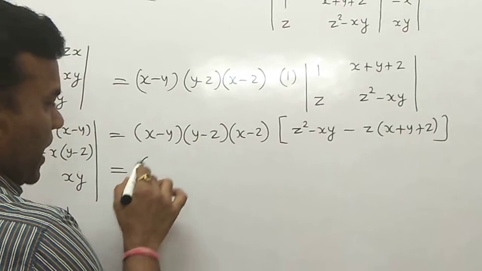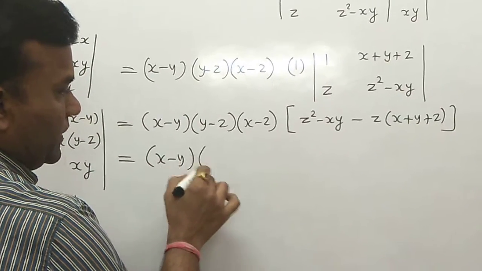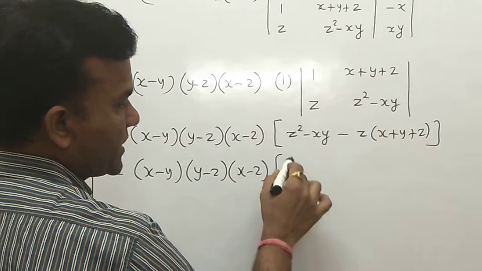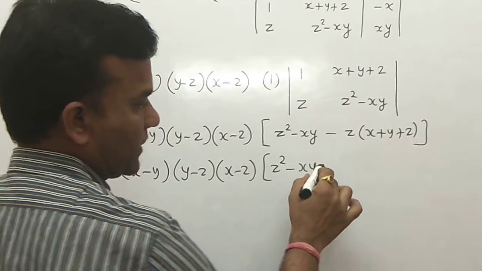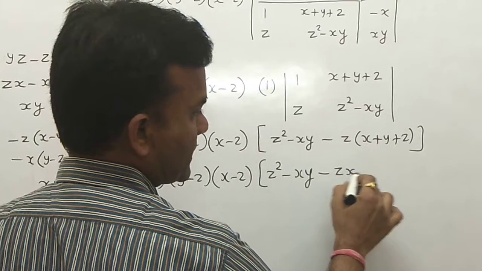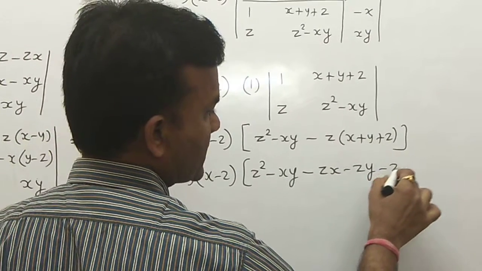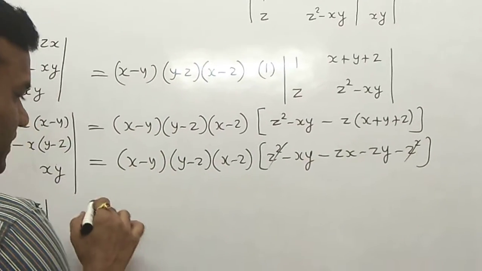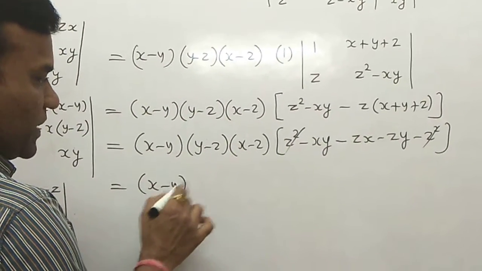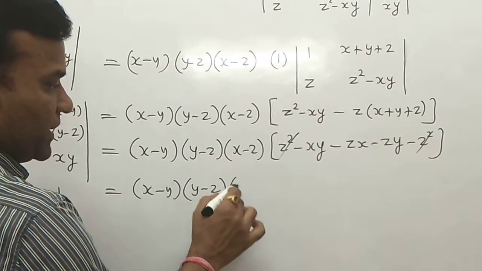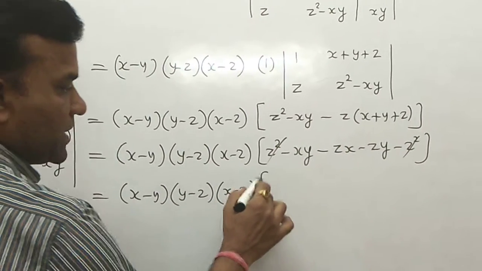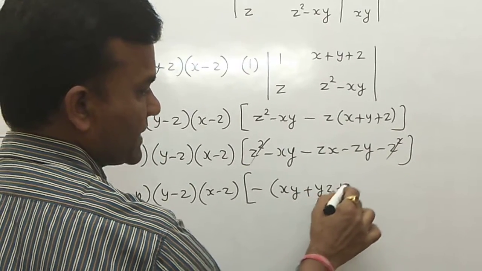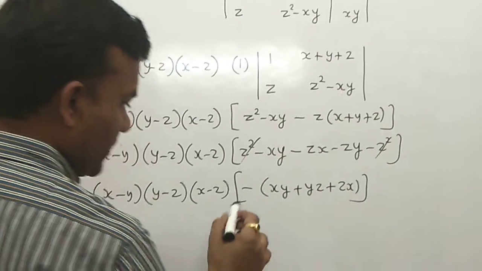Okay, so after simplifying the brackets, you have z square minus xy minus zx minus zy minus z square. So z square cancels out, and now you have x minus y, y minus z, x minus z, and minus is common, so xy plus yz plus zx, and then close the bracket.